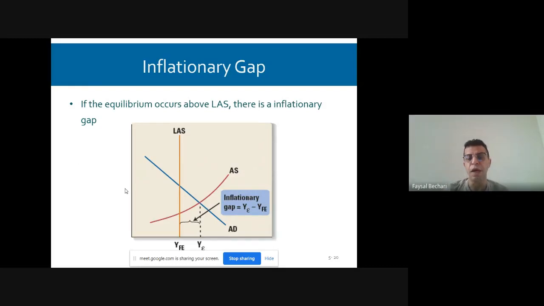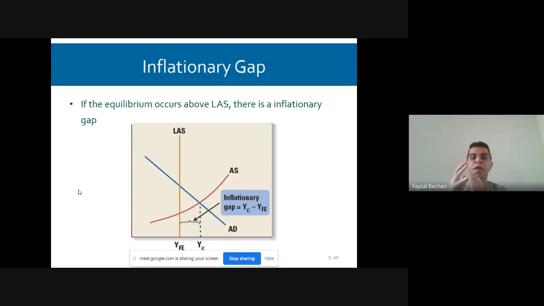Now, the inflationary gap is where these two are shifting outward, where there is a higher demand for products, consumers are willing to pay for them, and suppliers are willing to supply at that price.